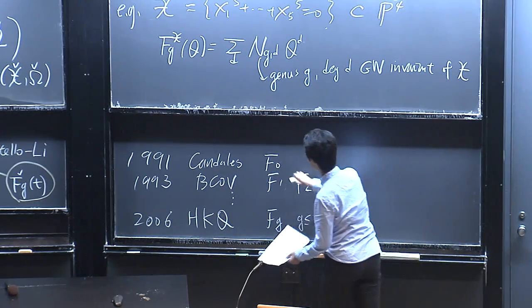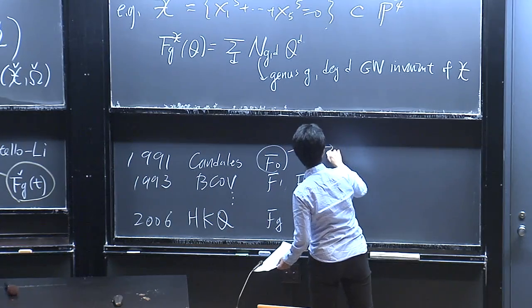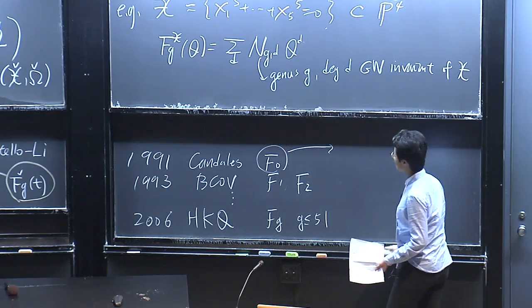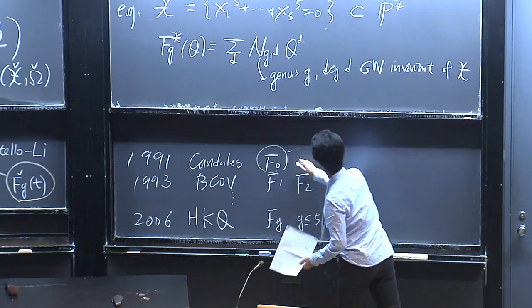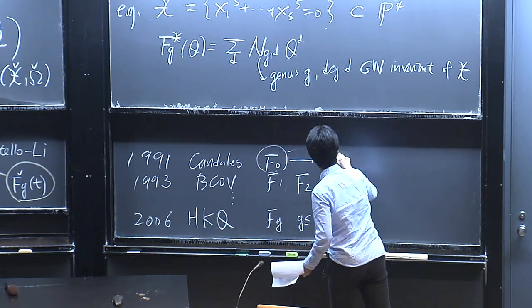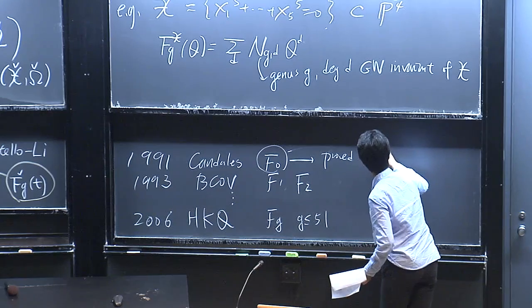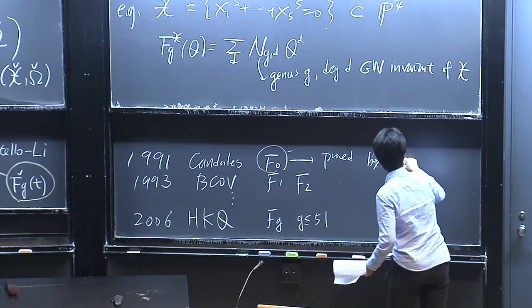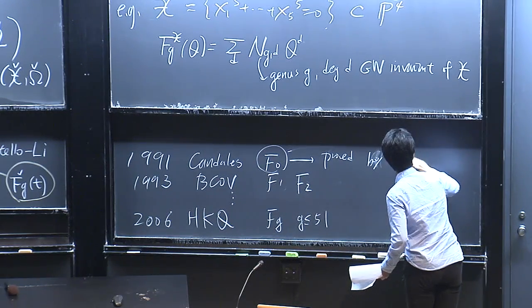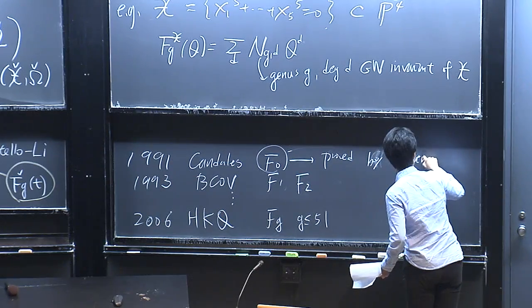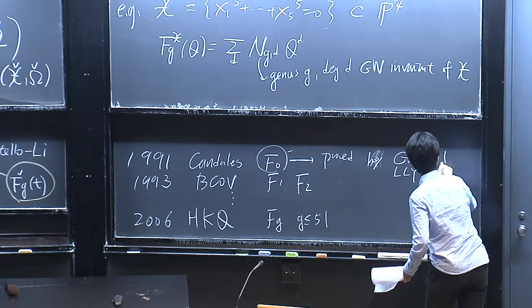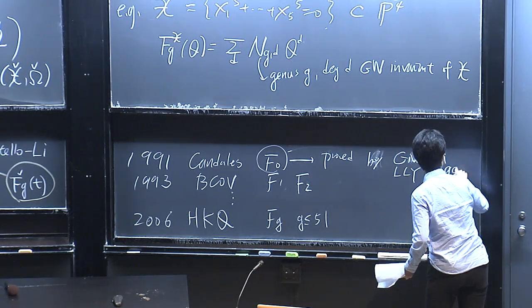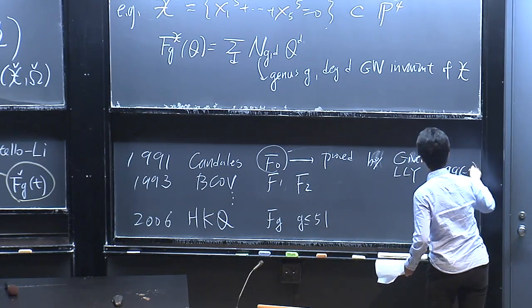The conjecture on F_0 was proved by Givental and Lian-Liu-Yau in 1996 to 97.